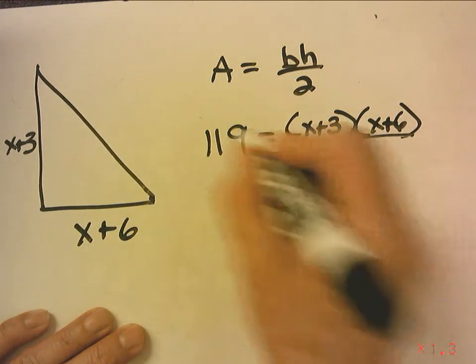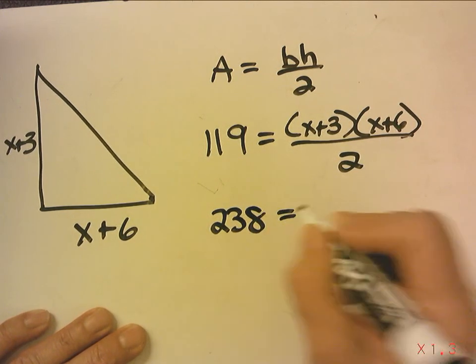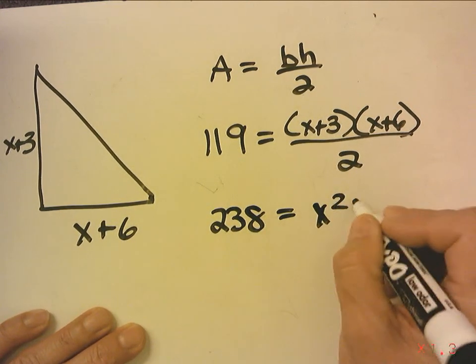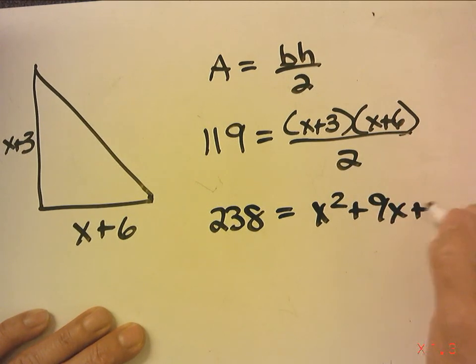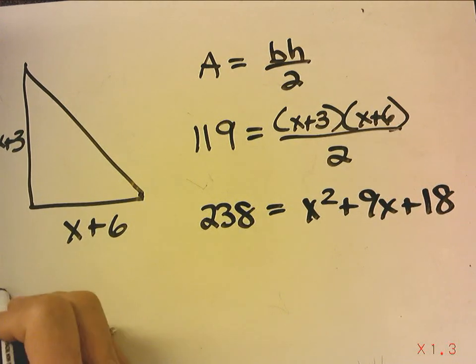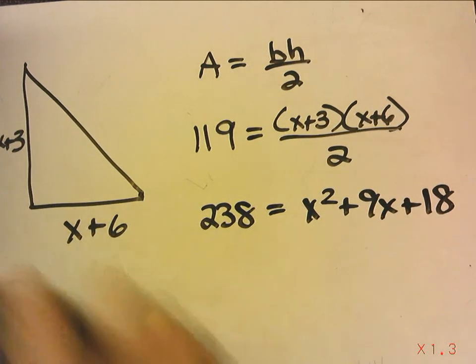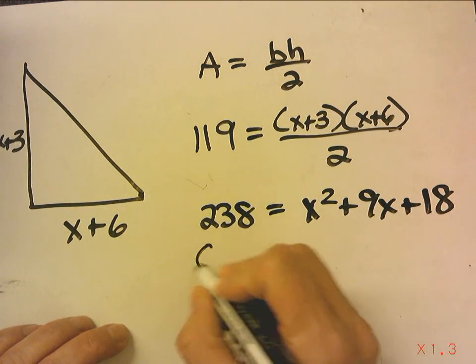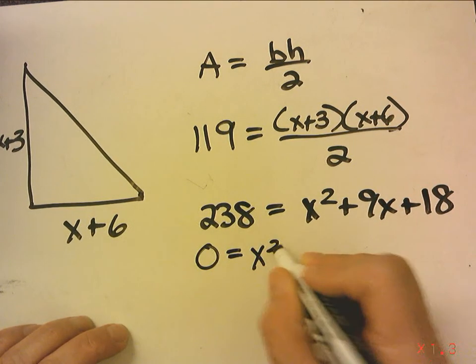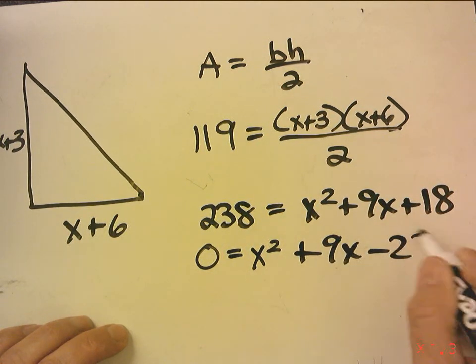So I multiply both sides by 2, and I get 238 equals, I FOIL this, x squared plus 9x plus 18. And so I'm looking for magic numbers, two numbers. Oops, what did I forget to do? I forgot to subtract 238 from both sides. So 0 equals x squared plus 9x minus 220.